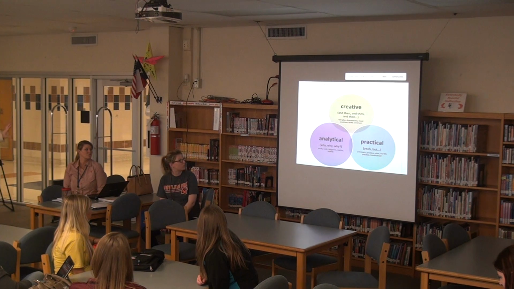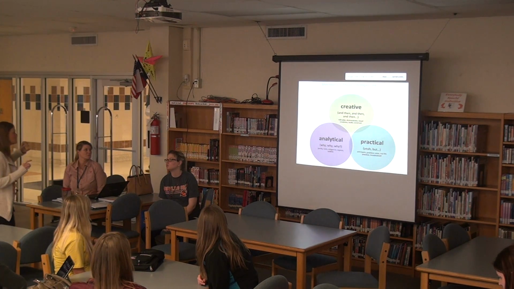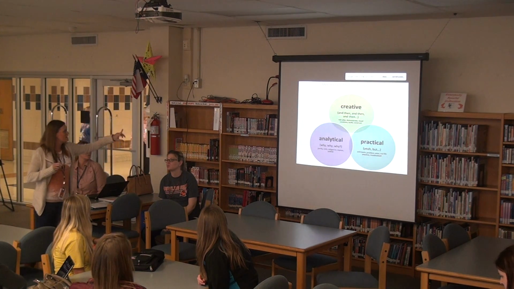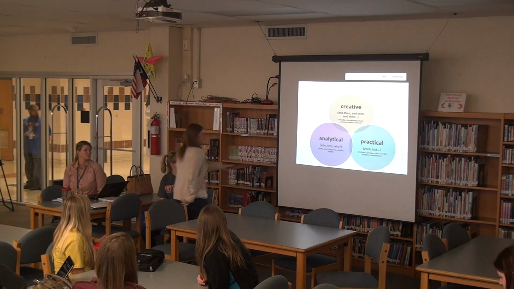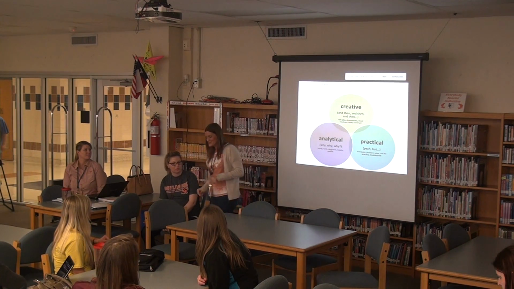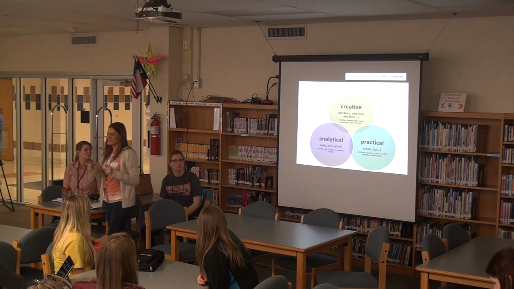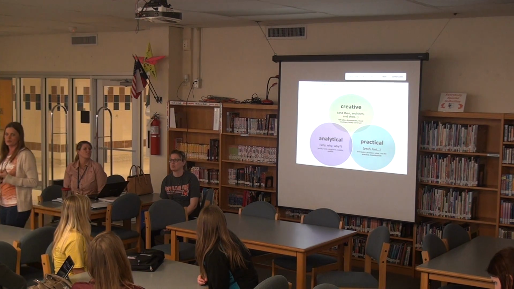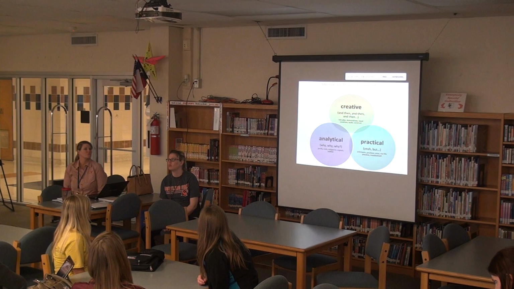So what you're looking at is each circle is a group, and y'all are going to get into those groups. So we have the creative group, the analytical group, and the practical group. And I know it's kind of hard. Can y'all see these? Those tiny words are verbs that describe what each group would do, like the kind of presentation they would put together or a product they would create.